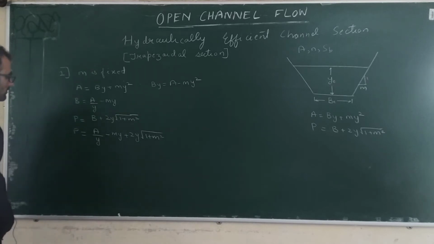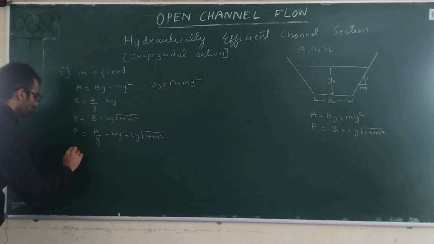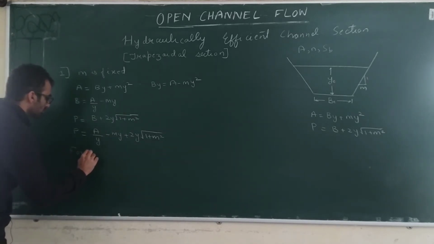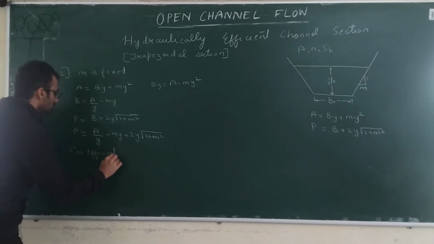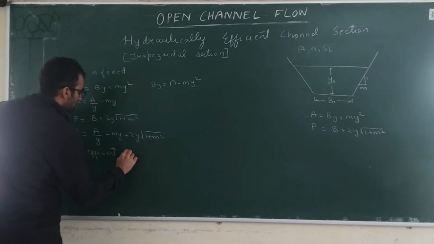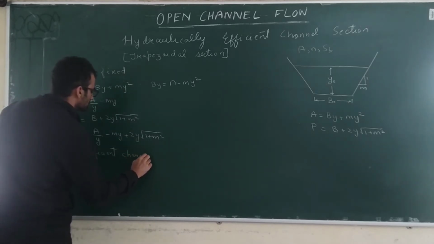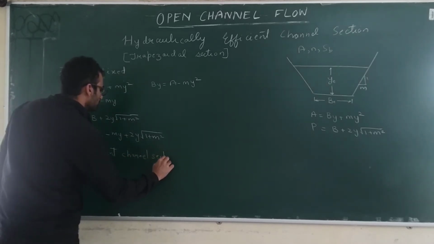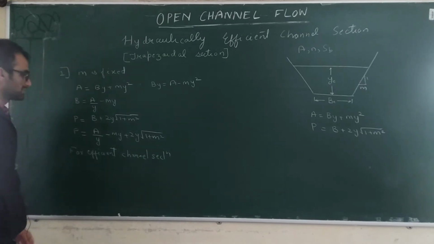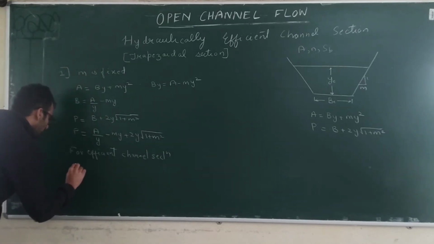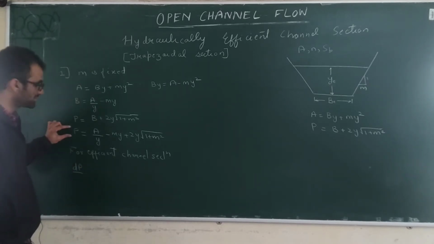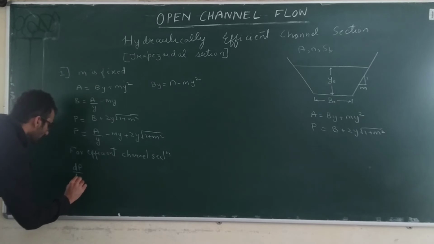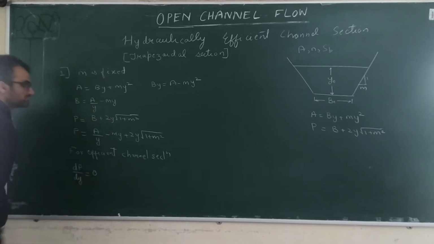Now for the most efficient channel section, what is the criteria? The criteria is that the wetted perimeter should be minimum, and for minimum wetted perimeter we saw that dp by dy will be equal to 0.